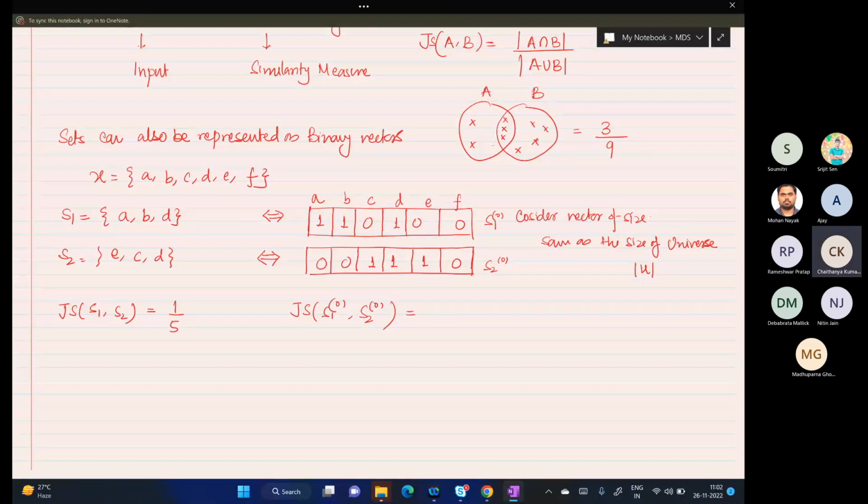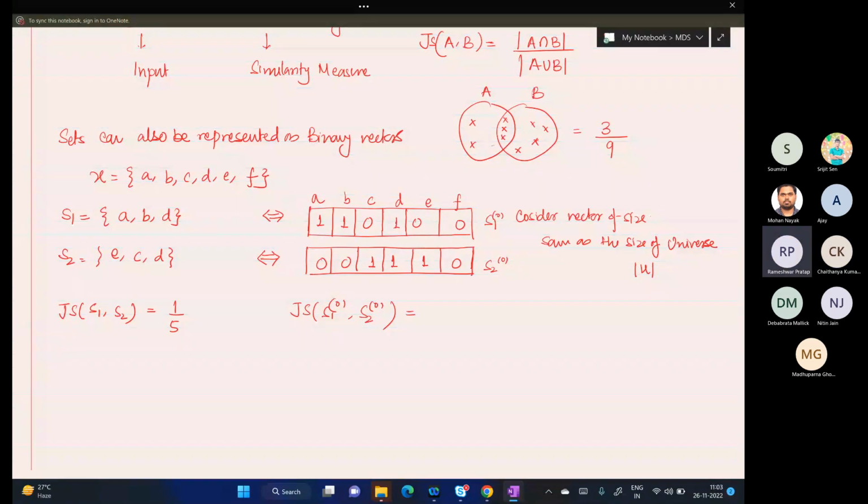Zeros are also matching, but we only take cases where ones are matching, so 1 by 5. And how can we represent this as a binary operation? The numerator is the number of ones in S1O AND S2O.